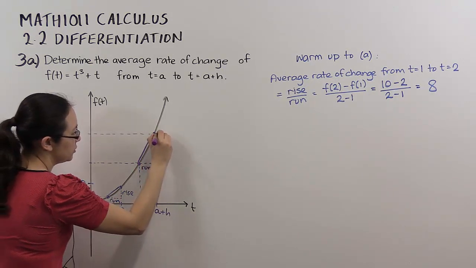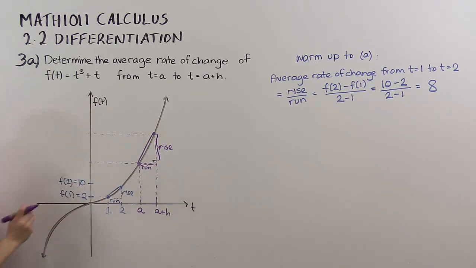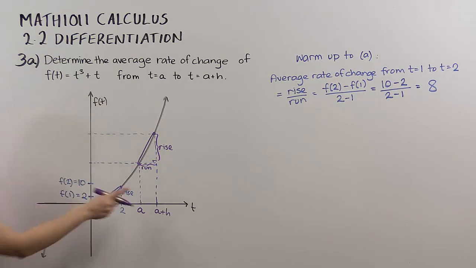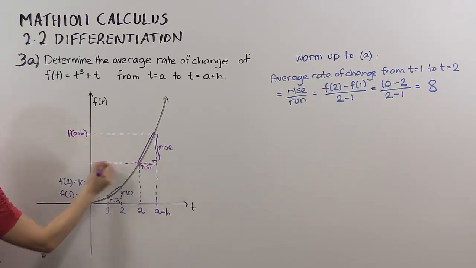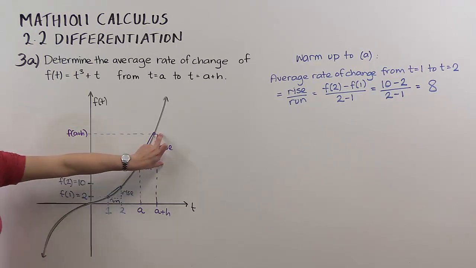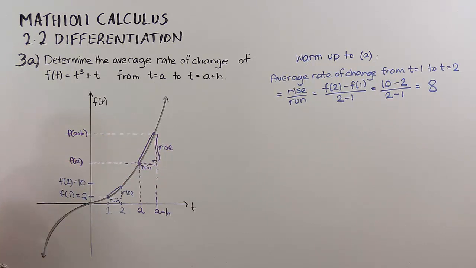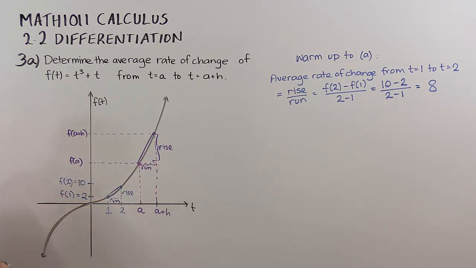So this is the rise and this is the run. How much has the y value changed? Well, this is f of a plus h here, and this one is f of a. So the change in the y value, the rise, is f of a plus h minus f of a, and the run here is just a plus h minus a, but we can see that that's h as well.